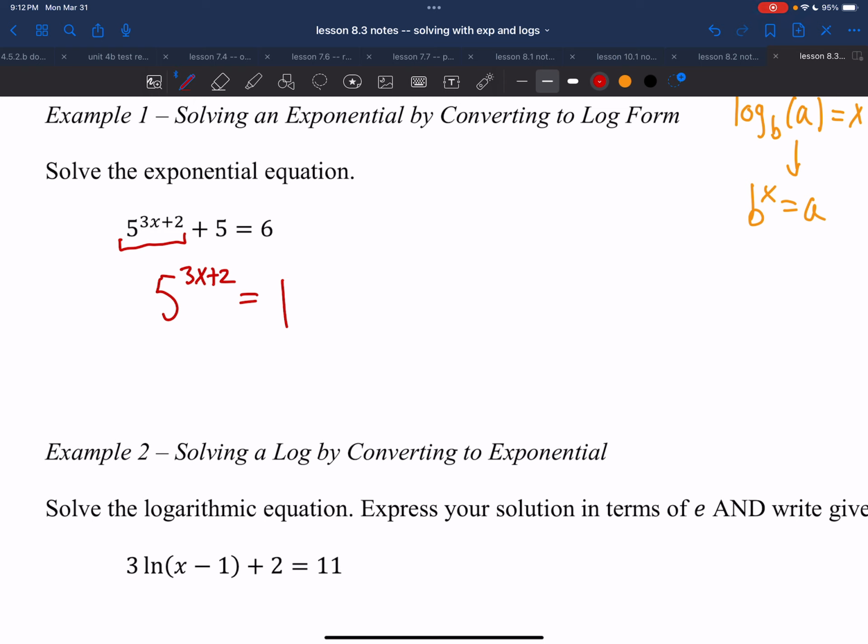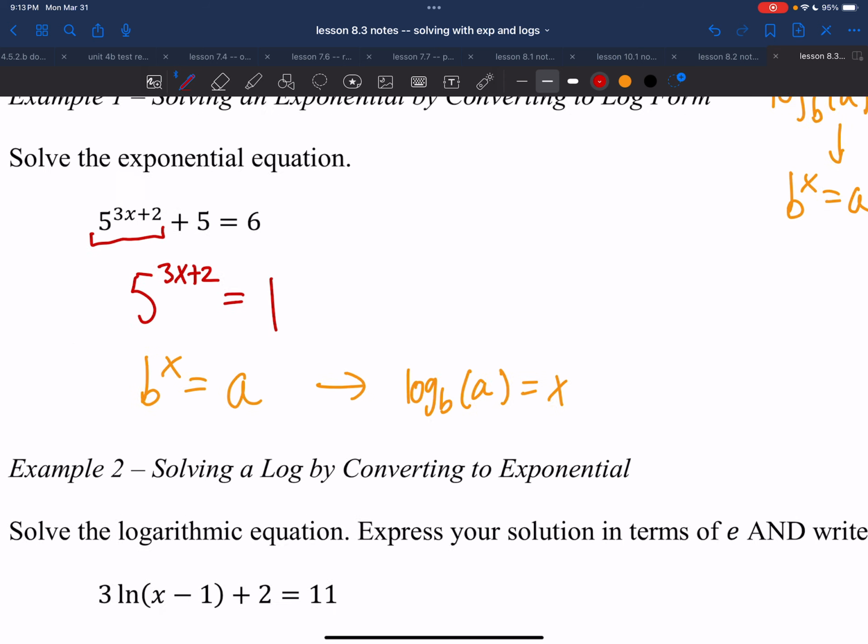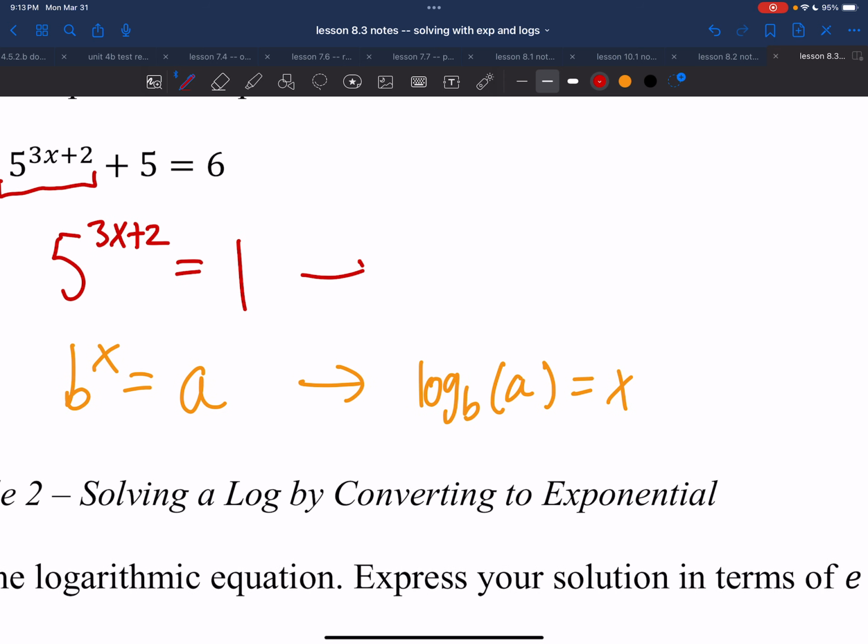Now that it is changed, I'm just going to invoke b to the x equals a becomes log base b of a equals x. So what is b in this case? B, the base, is 5. So this would just become log base 5 of 1 equals the exponent, 3x plus 2.